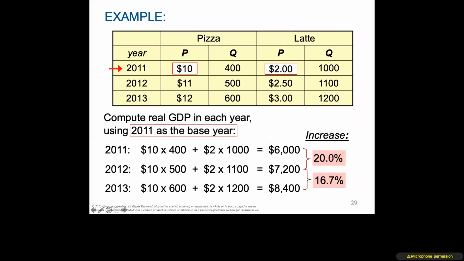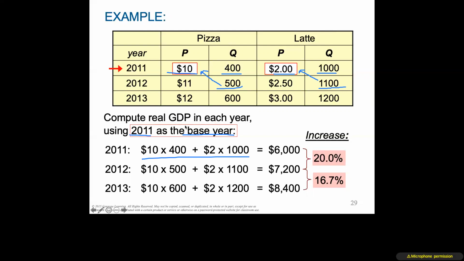Now, if you want to compute the real GDP, you have to use a base year. If you use 2011 as the base year, you calculate 2011 just like before. But when you get to 2012, you look at the quantities, but the price that you use to calculate your GDP is the base year price.